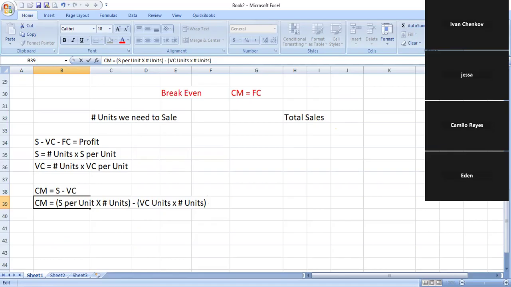Is there anything common between those two terms? Number of units. Can I take it out of the brackets? I should be able to, right? So contribution margin will be equal to number of units times, in brackets, sales price per unit minus variable cost per unit.